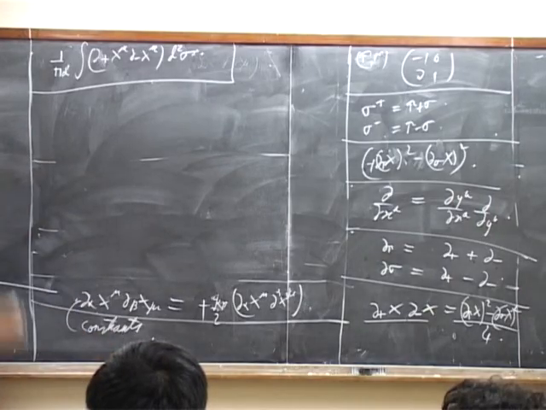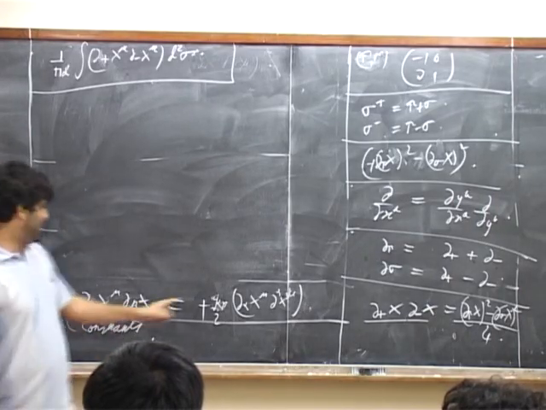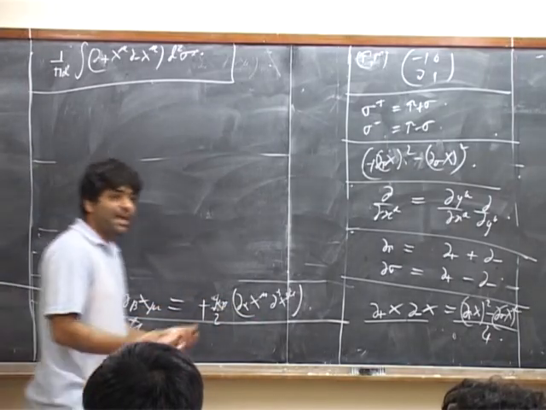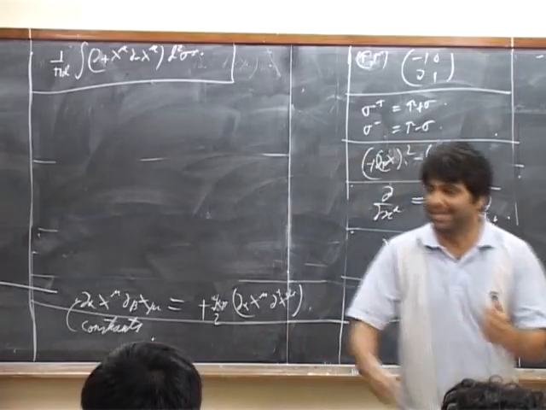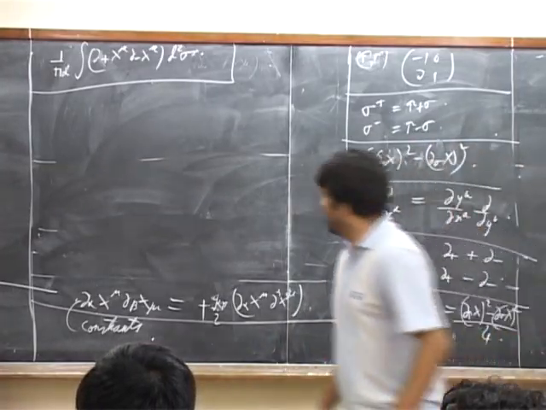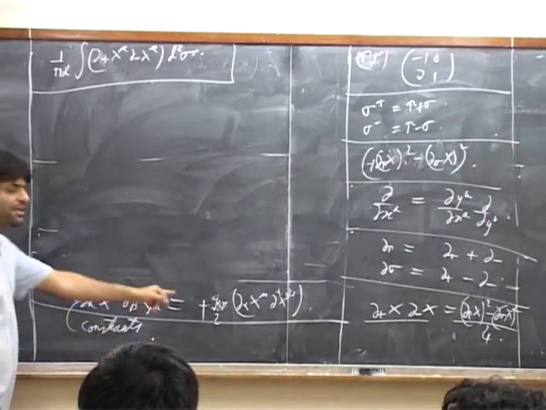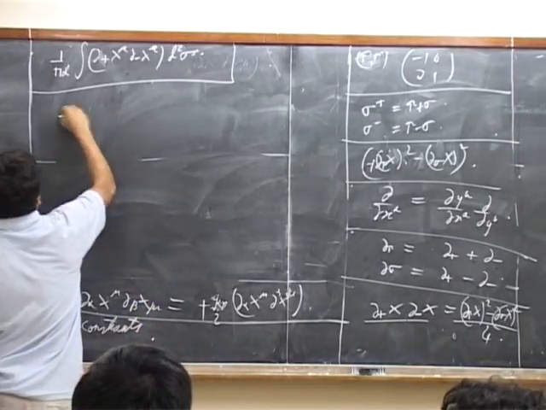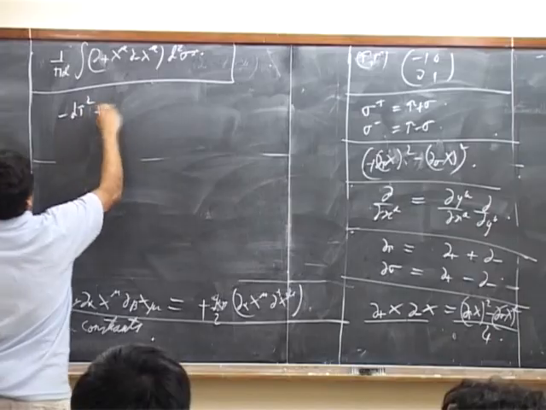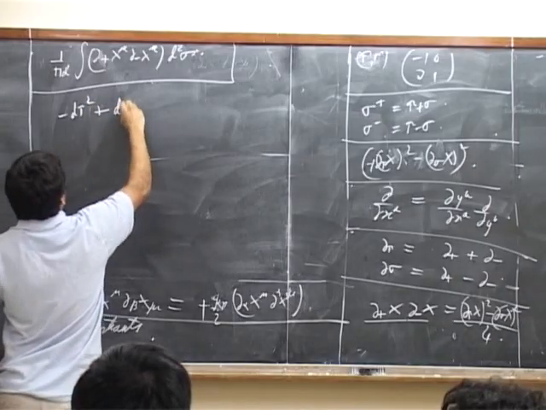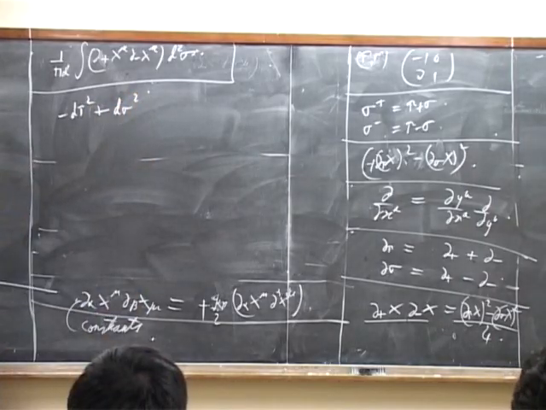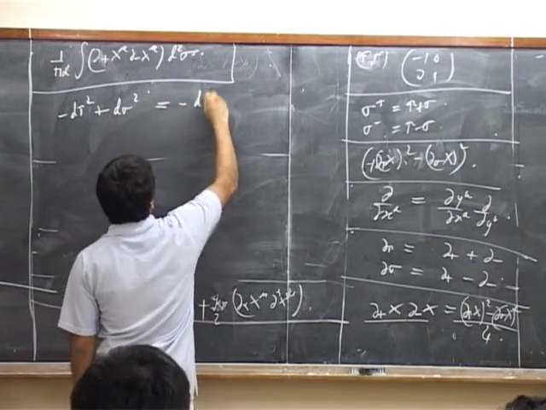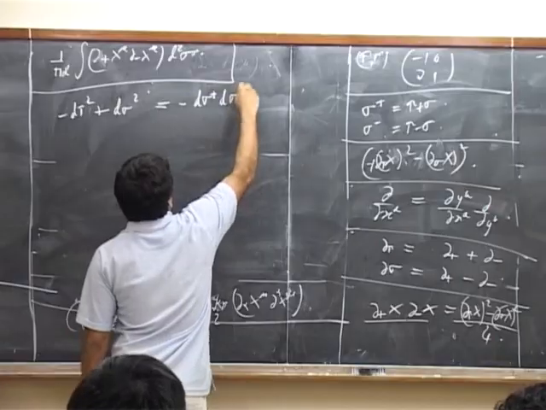Okay, so this constraint here was of this form in any set of variables. So let's use it in the variables where alpha, beta range over plus and minus. In order to use it, I need to know what G alpha beta is in terms of plus, minus. But minus d tau squared plus d sigma squared is just identically the same as minus of d sigma plus d sigma minus.